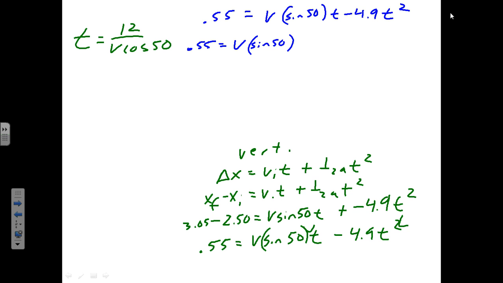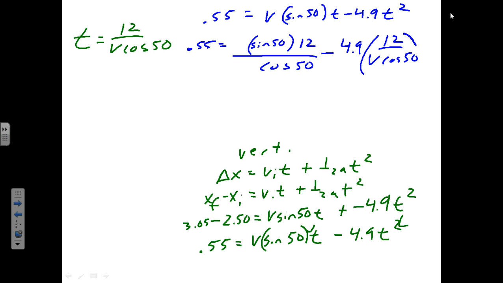Now let's substitute t: 12 over v cosine 50. And since I'm multiplying, that v cosine 50 can be written like this. Notice that we've got v on top and v on the bottom, so those cancel out. Minus 4.9 t squared. Again, substitute 12 over v cosine 50, all that's squared.